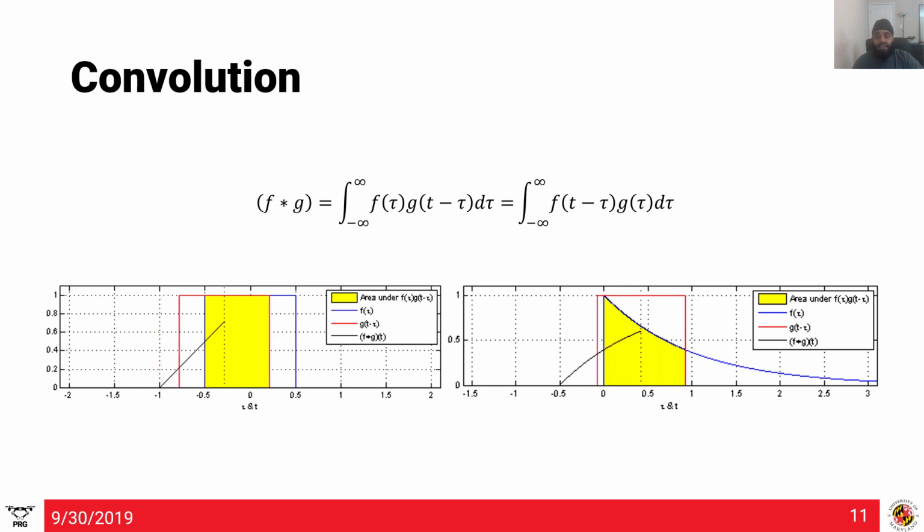One can think of the convolution as the common area under the curve of the functions f and g. You see in this that there are two functions: the blue function is one, the red function is another, and when one function slides over the other from minus infinity to infinity and they have a common area, you get this black curve, right? This is what your convolution of f and g would be.